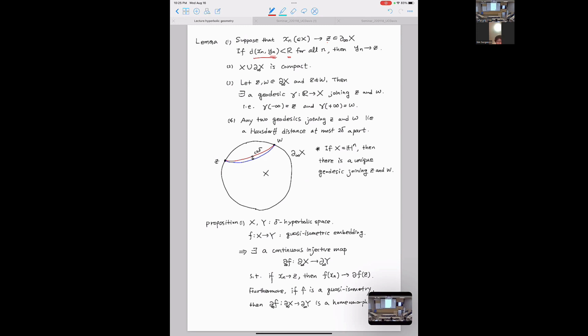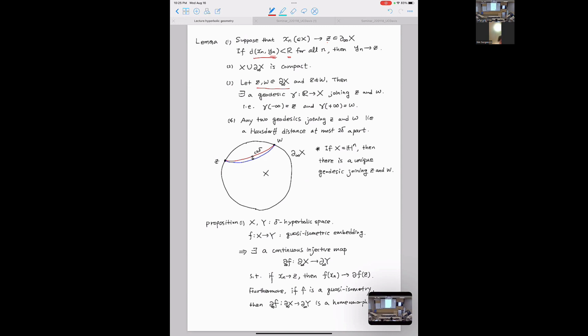And third, if you choose two distinct points on the group boundary, then there always exists a geodesic joining them, say g and w. That means that alpha at minus infinity is g, and alpha at plus infinity is w.